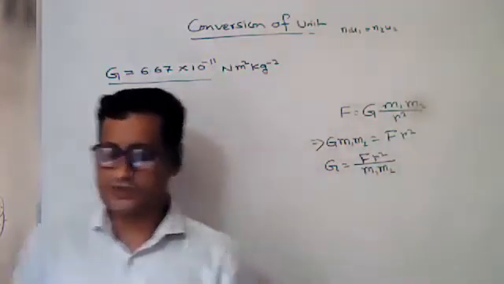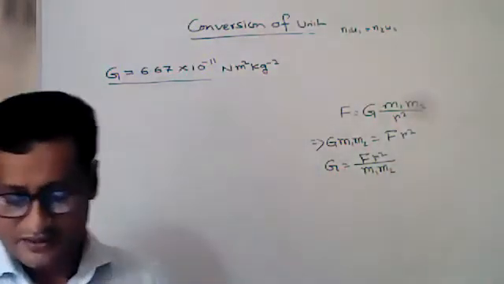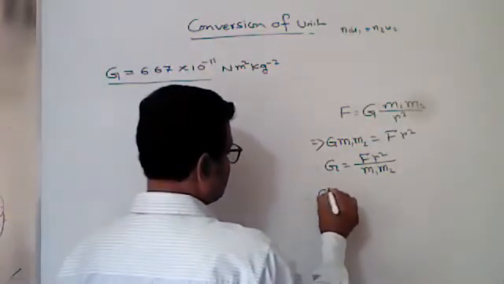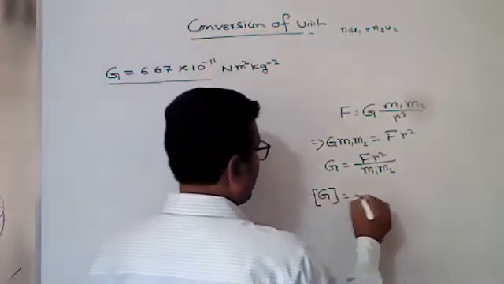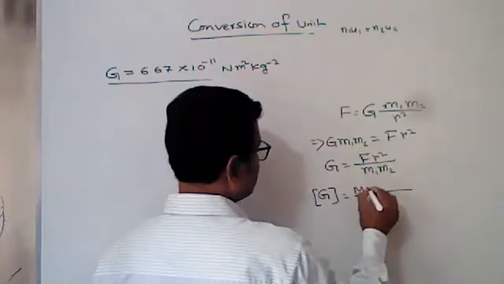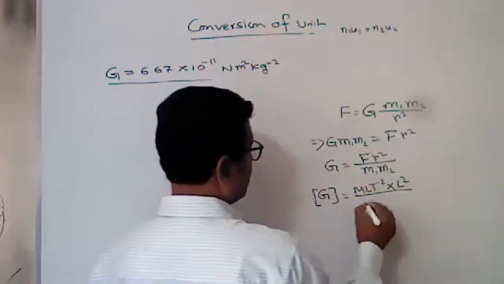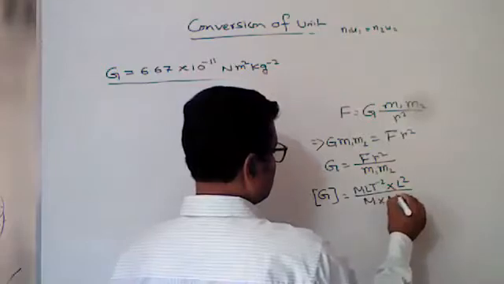From this equation, we can determine the dimension of G. The dimension of G will be F, M L T inverse 2, into L square, by m into m.